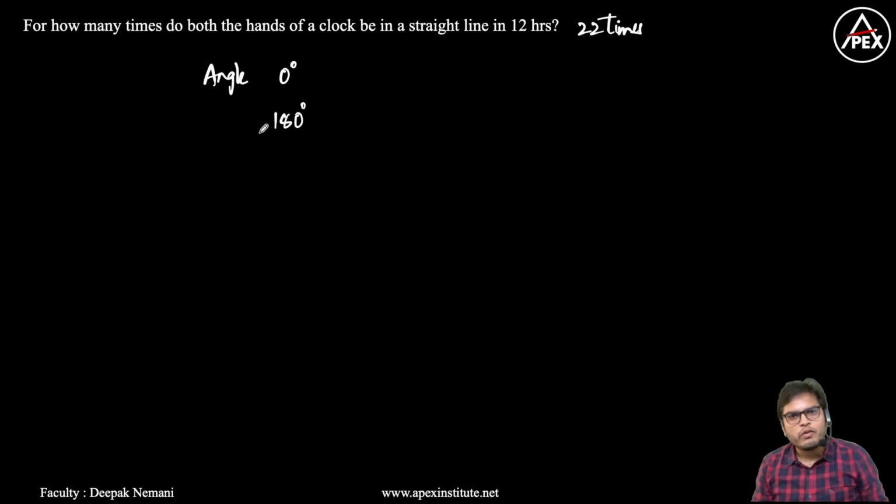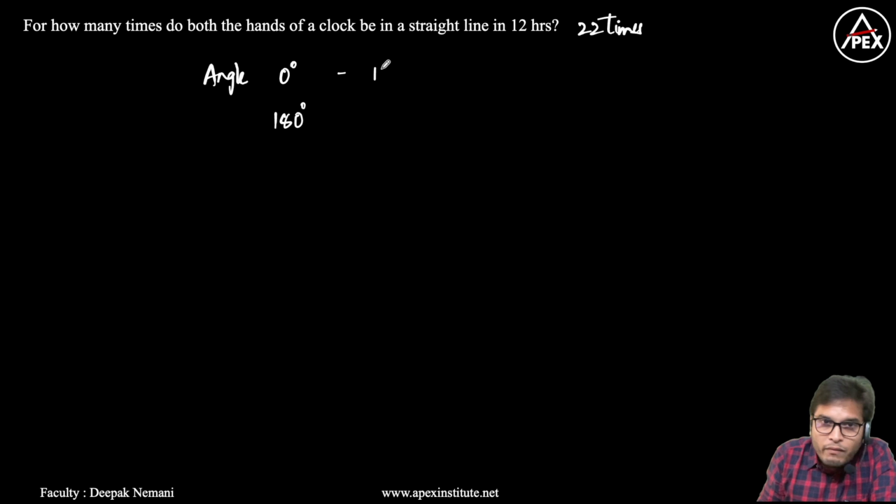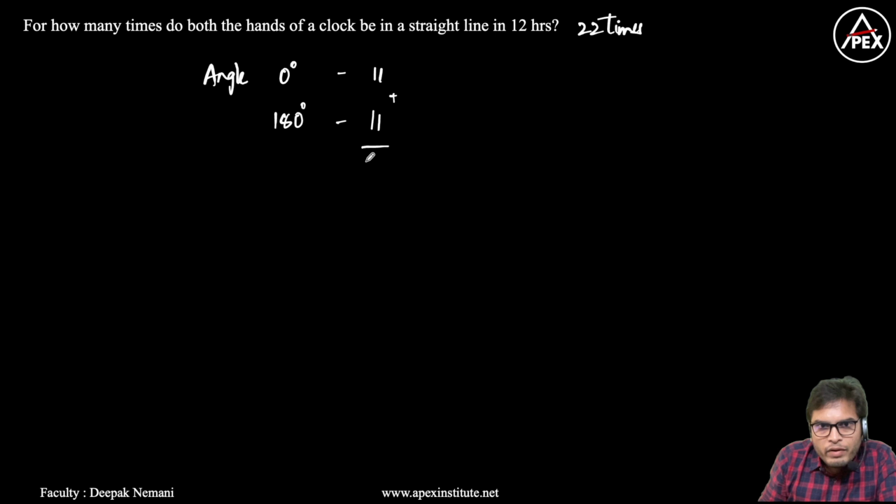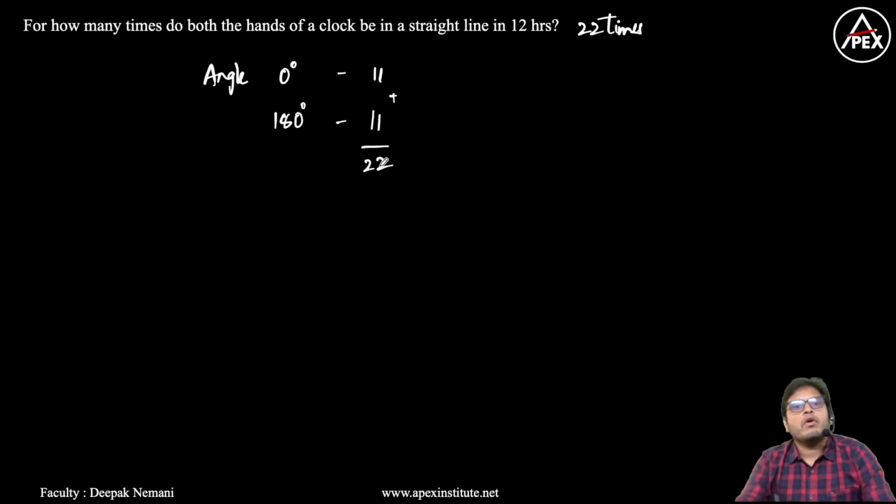When the angle is 0, they will be coinciding with each other, and in 12 hours you have 11 such instances. And you have 11 instances where they are exactly opposite to each other. So 11 plus 11, you have a total of 22 times where the hands of a clock are in a straight line in 12 hours.